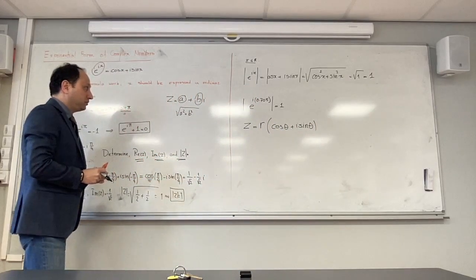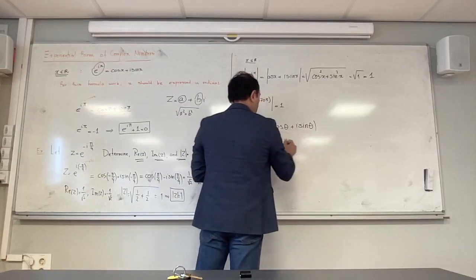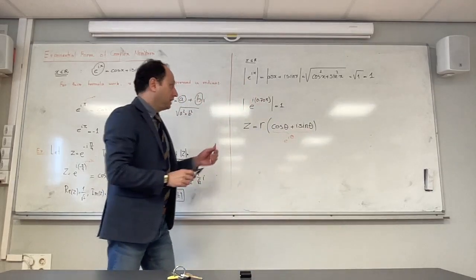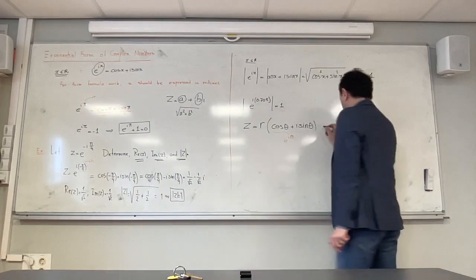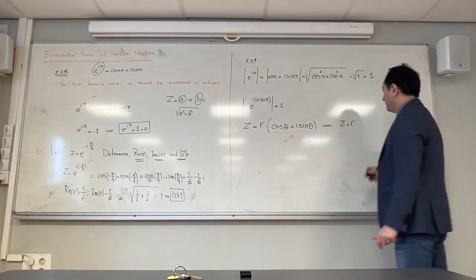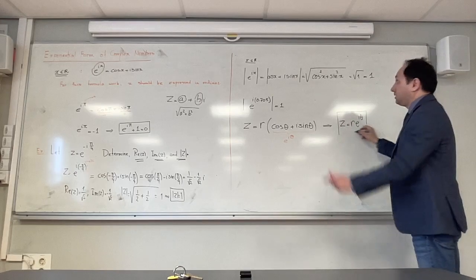That's the polar form. But now we learned by Euler formula, I can write this as e to the power of I theta. Yes? And then everything becomes very compact and very nice to work with. So z becomes suddenly r e to the power of I theta. This is what we call the title of the lesson.